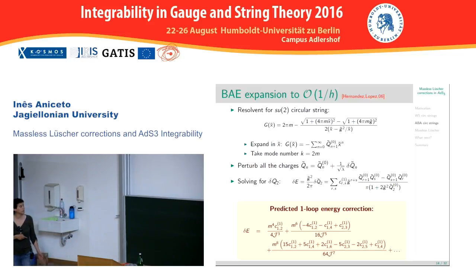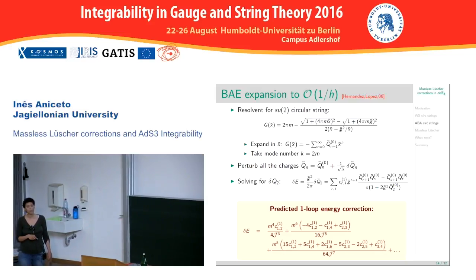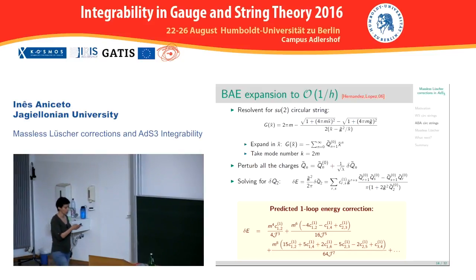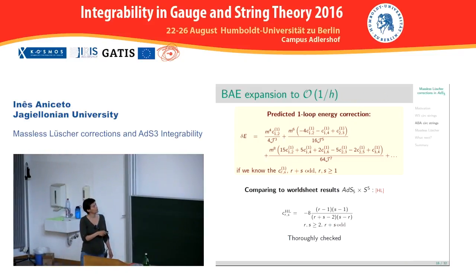In ADS5, wherever the coefficients had a 1 here, it wouldn't appear, but in ADS3, these are going to be part of the solution. So again, I know the one loop energy correction as long as I know my coefficients C1.